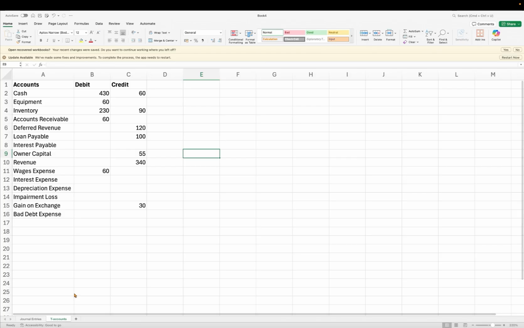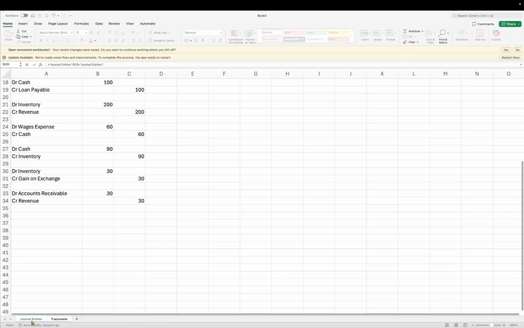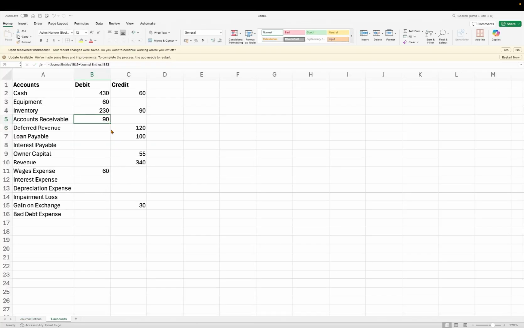Accounts receivable represents money owed to the company by a customer, because the firm now has the right to collect 30 loot from Millhaven. We're adding to this part. Great, so now we have 90 here.